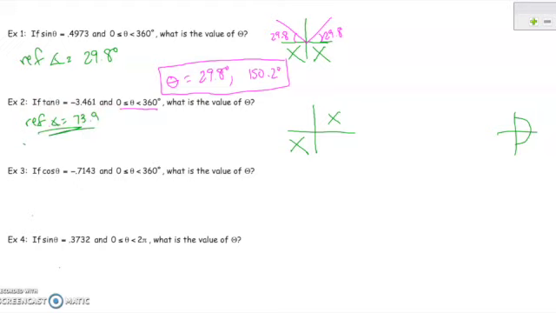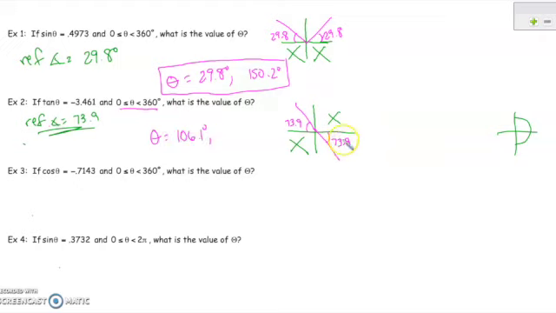Okay, now we need an angle in quadrant 2 that has a reference angle of 73.9, and also down in quadrant 4. So to get the angle in quadrant 2, we do 180 minus 73.9, which is going to be 106.1.